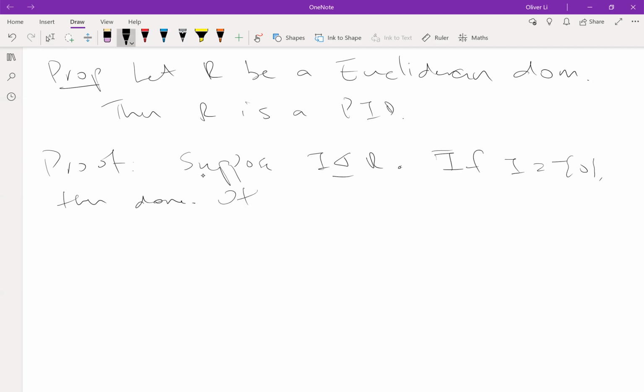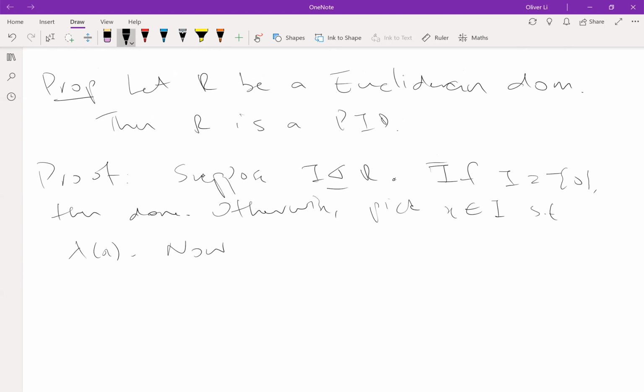Otherwise, we pick some non-zero x such that lambda of x is minimal. For example, in the integers, we pick the smallest natural number in an ideal. Now we take any y a member of I. We're going to show that this is a member of the ideal generated by x.